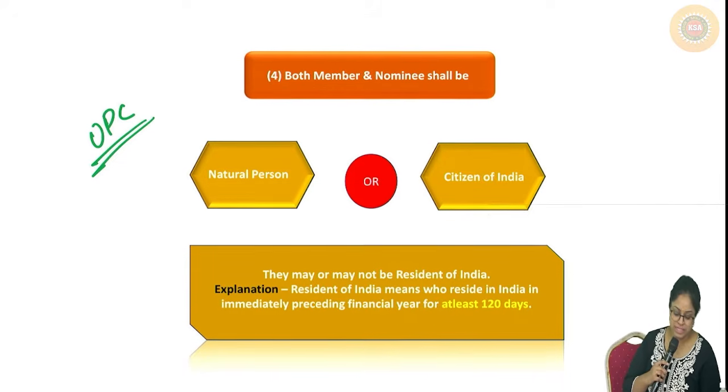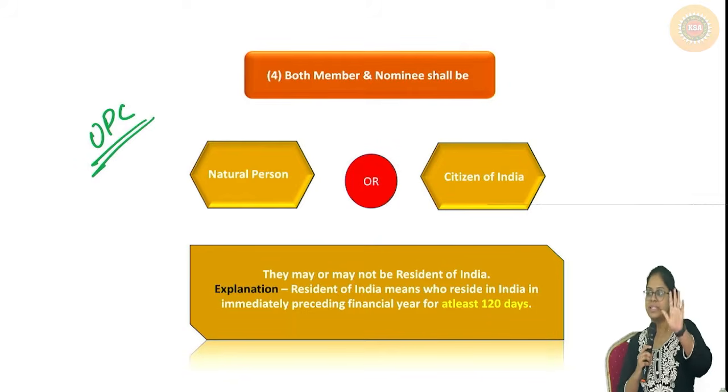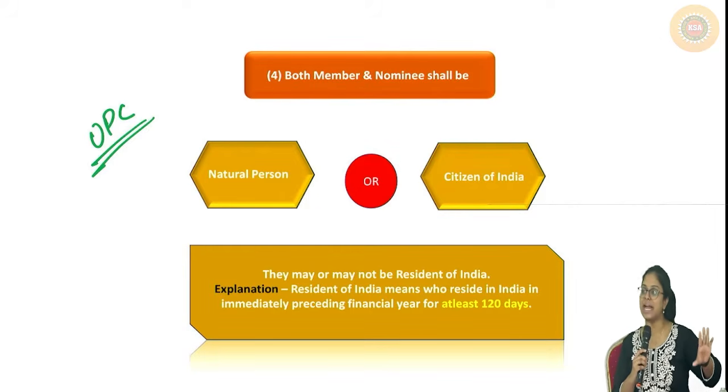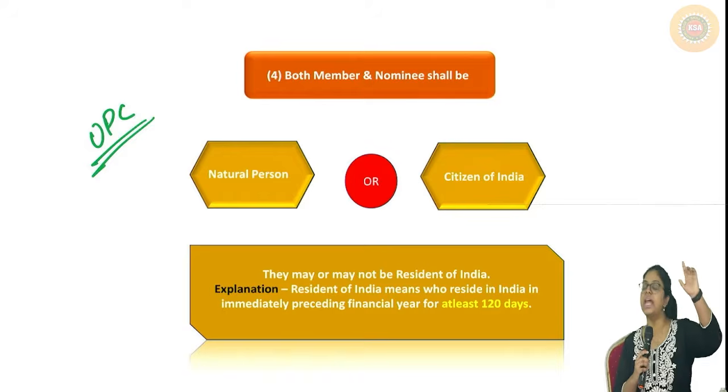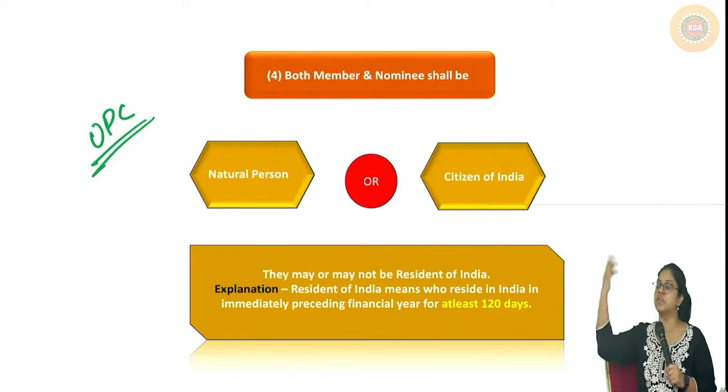Okay, so first, in a one-person company, you need to remember there is only one person who is a member. This is the basics that we have already studied. But what will you do in case that one person dies or becomes insolvent? In the Contract Act, you would have studied that for a person to enter into a contract, he should be of sound mind and of the age of majority. If something goes wrong, like he becomes of unsound mind, or he dies, or he becomes insolvent, then who will be the member?